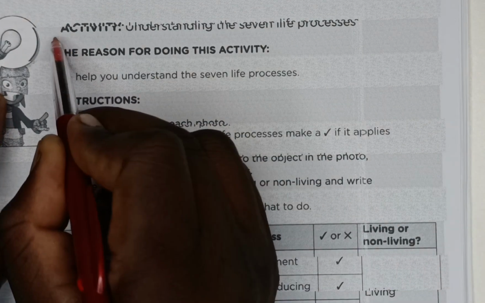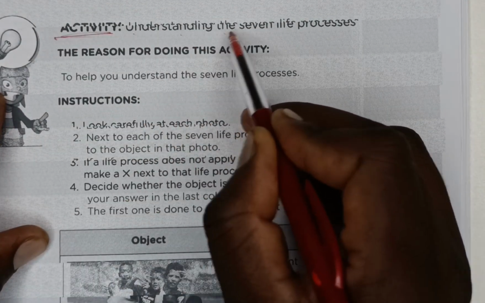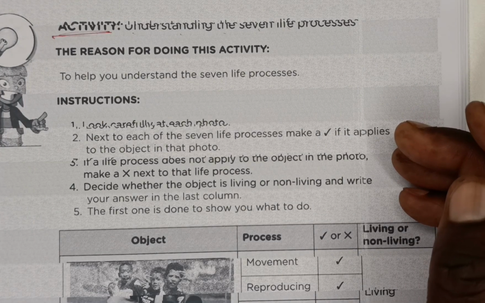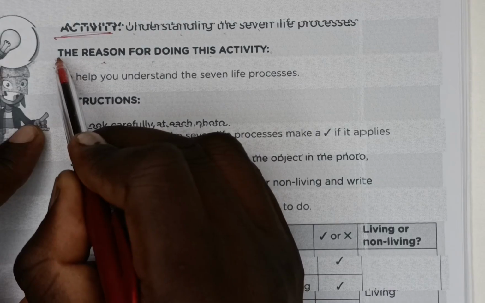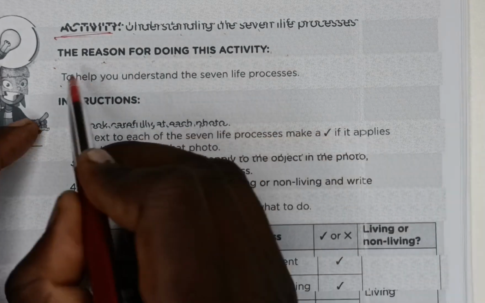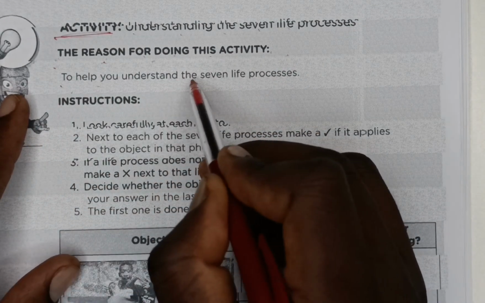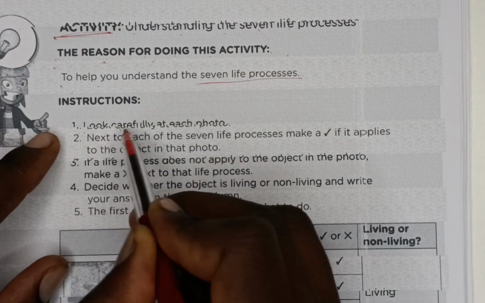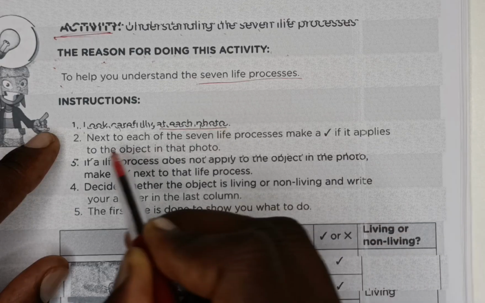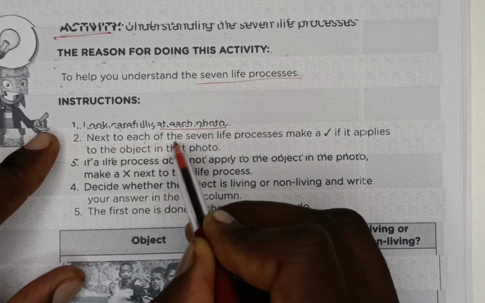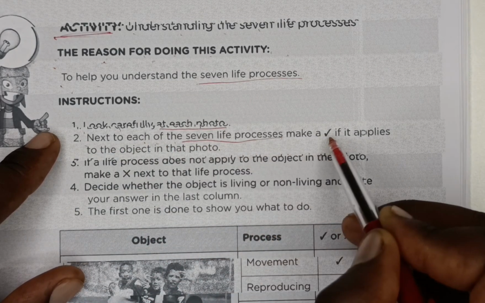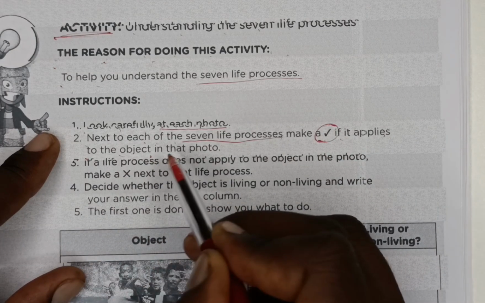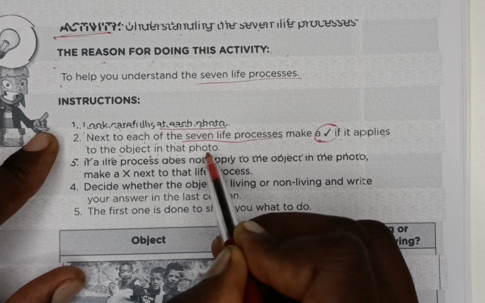Let's go to the activity, understanding the 7 life processes. The reason for doing this activity is to help you understand the 7 life processes. Instructions: look carefully at each photo. Next to each of the 7 processes, make a tick if it applies to the object in the photo.